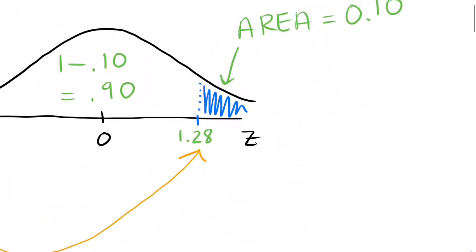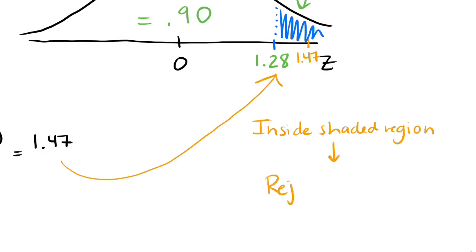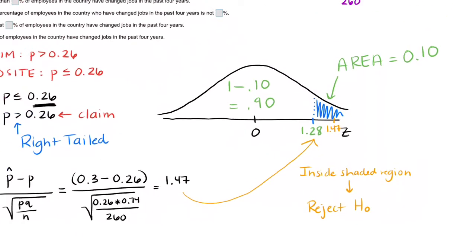Right, 1.47 would be out here beyond 1.28. So because it is in the shaded region, which is our rejection region, that tells me my decision should be to reject the null hypothesis.